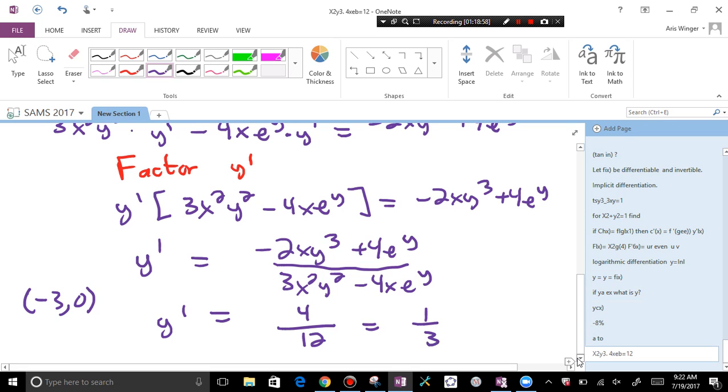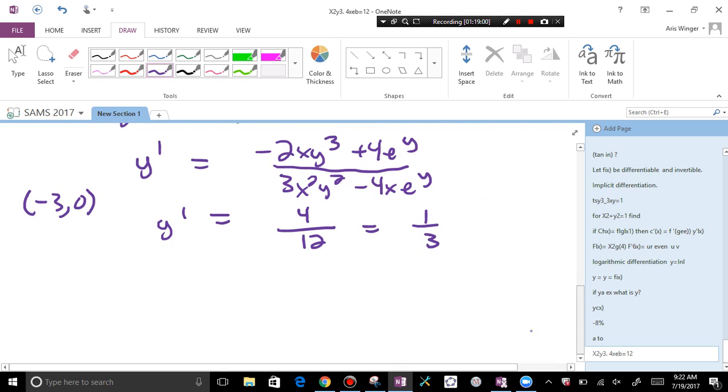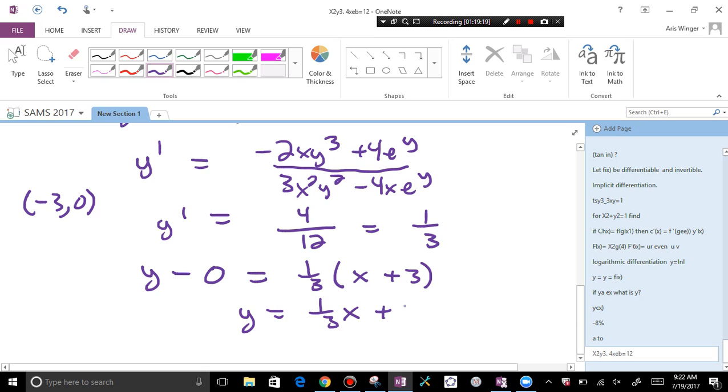Y minus 0 equals 1/3 times x. Is it plus 3? Yeah. Y equals 1/3 x plus 1.